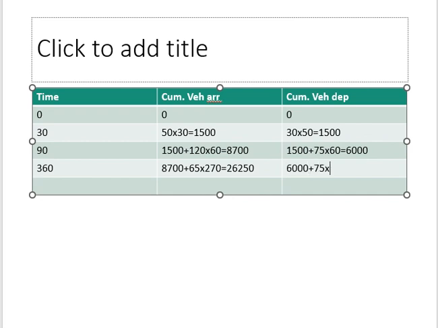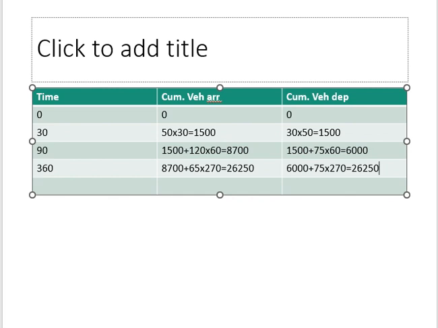So whatever I had up till now plus 75 into 270, and this is equal to what? Why are they equal? Because there is no queue.